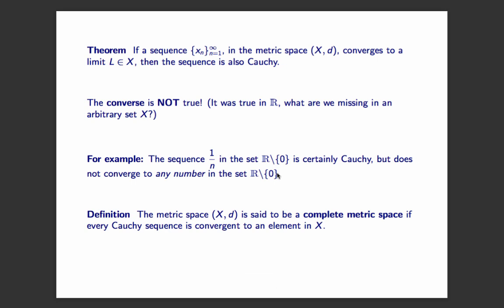Now, if my metric space has the property that every Cauchy sequence is convergent to an element in X, then I have what's called a complete metric space, or what I like to think of as a metric space without holes in it. R is complete. It doesn't have any holes. That's it for today.